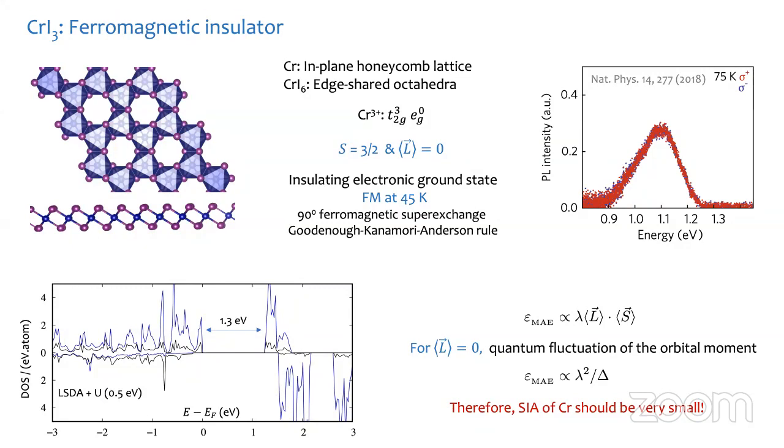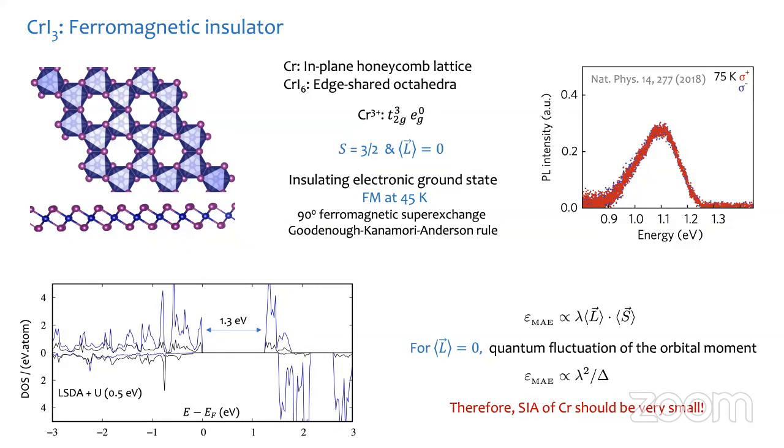Now it would be important to note here that since your orbital moment is completely quenched, the only possible quantum fluctuation in the orbital moment will give rise to a very, very tiny magnetic anisotropy.